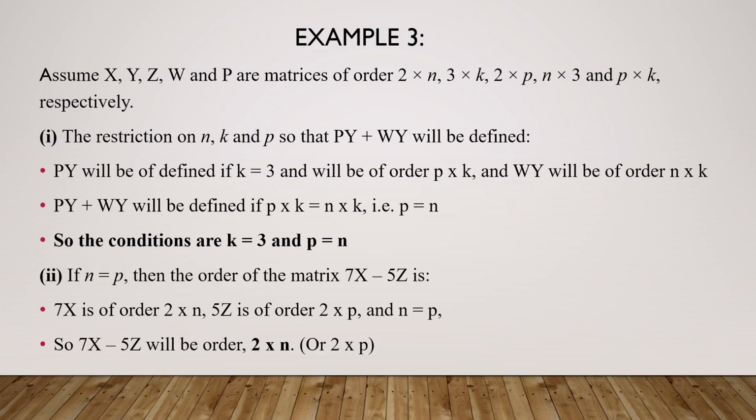Again, you are subtracting two matrices, so they should have the same order. That means 2 cross n and 2 cross p should be the same, so obviously n should be equal to p. So the order of 7x minus 5z will be 2 cross n, or since n and p are the same, 2 cross p.